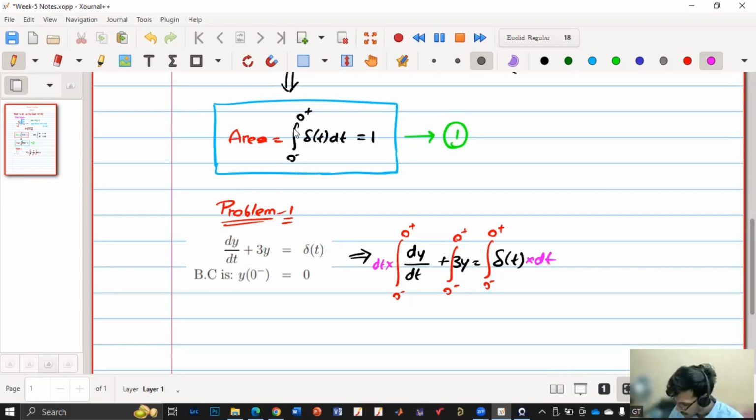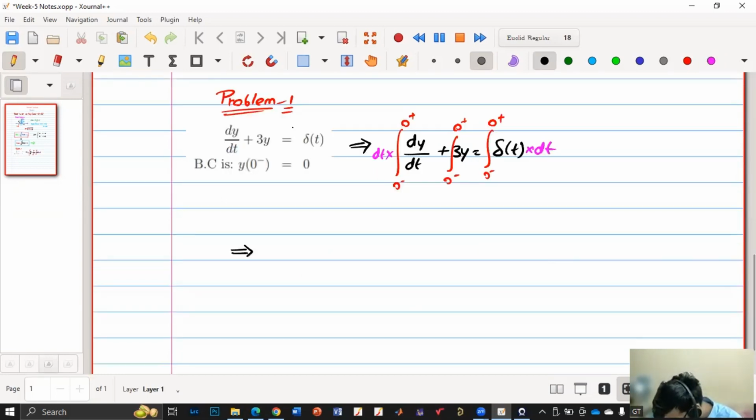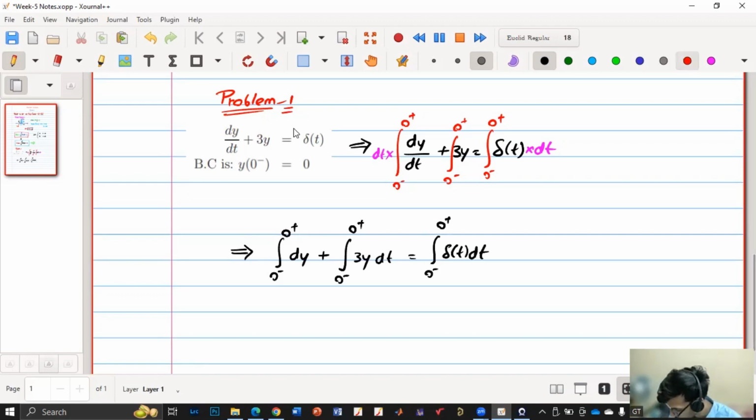If we write the modified expression, we get the integral from 0 minus to 0 plus of dy plus the integral from 0 minus to 0 plus of 3y dt is equal to the integral from 0 minus to 0 plus of delta of t dt. Now I know this value is equal to 1. So my RHS is equal to 1.